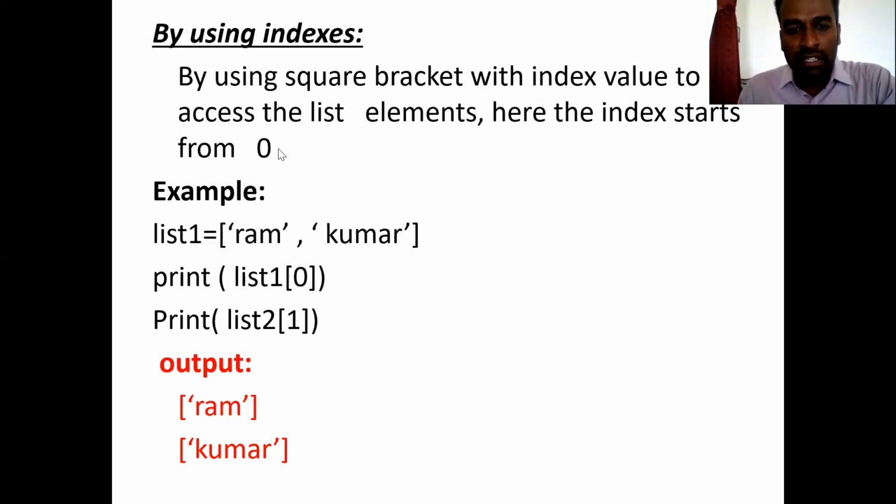Based on this index value, we access the element in the list. For example, list 1 equal to Ram and Kumar. So we have 2 string elements in the list. Print list 1 of 0, which is Ram, and list 1 of 1 equal to Kumar.